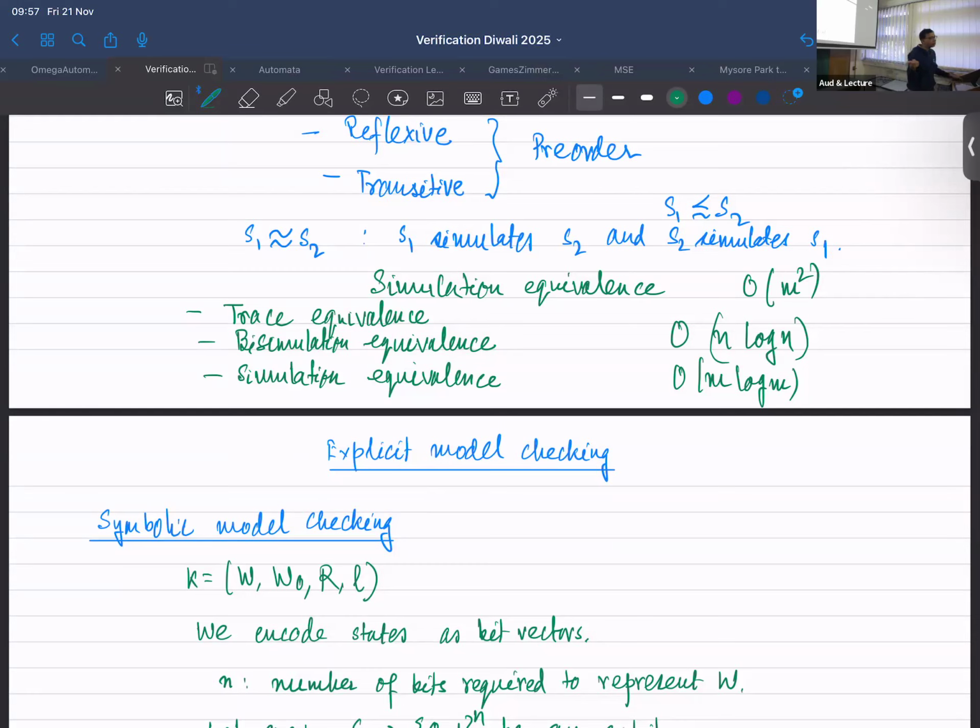And these are things, if you try out yourself, then you will find that the relations will become much clearer to you. The previous example we gave earlier is not simulation equivalent.